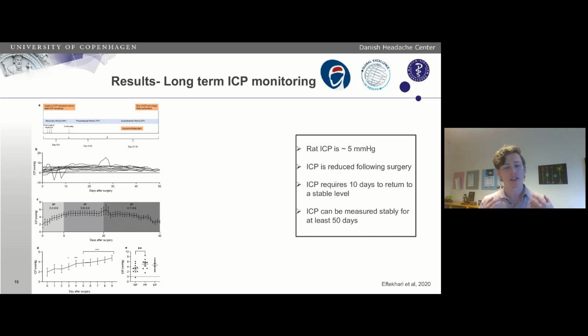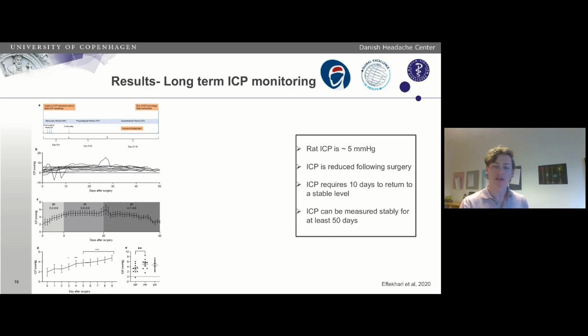Historically, a lot of work is done acutely, so actually the pressure that's being measured is reduced from what it realistically is, which of course has implications for validity and reproducibility of the work.